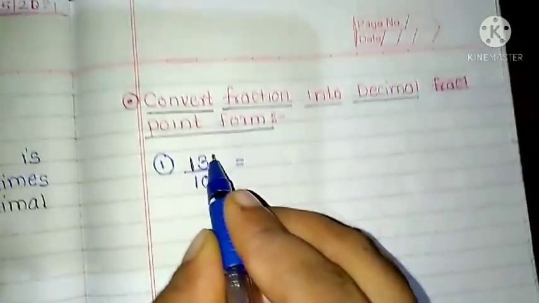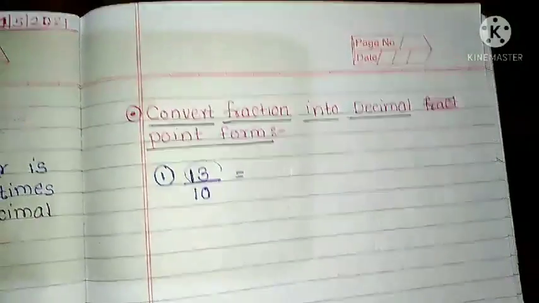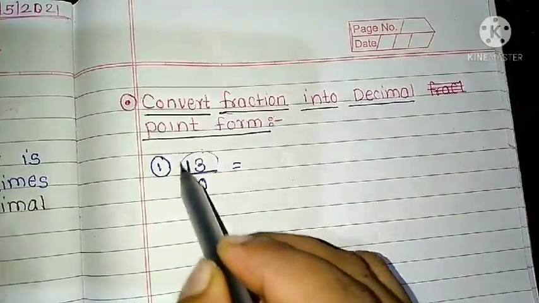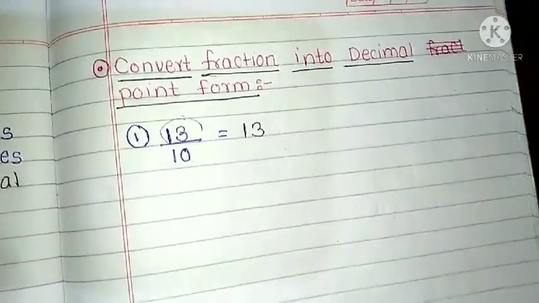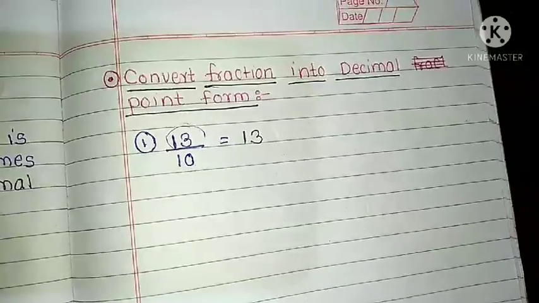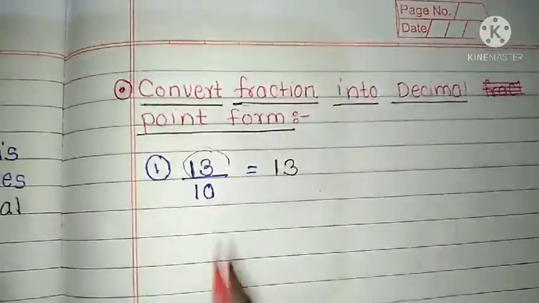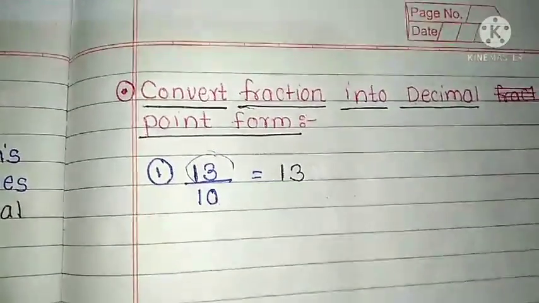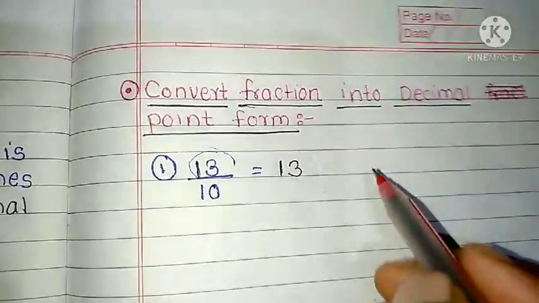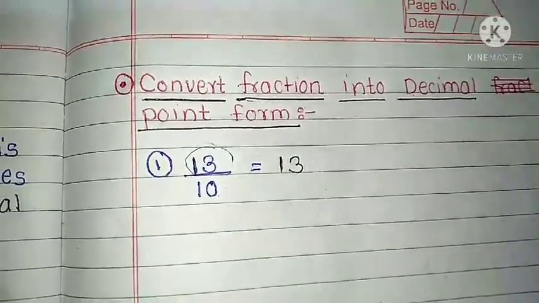First, write the numerator number as it is. I am writing here 13. Then count the zeros in the denominator. There is 1 zero. So start placing the decimal point from the right side.